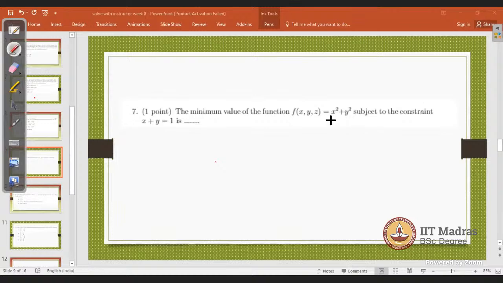Got you. Sir, I have a question regarding this minimum and maximum value. Whenever we are equating del f equal to minus lambda del g, in the lecture video I saw that we are getting the optimal solution. Yes, optimal solution, not equation.